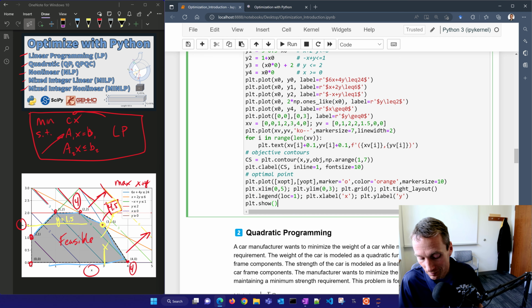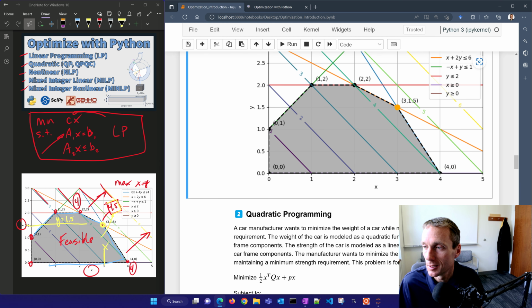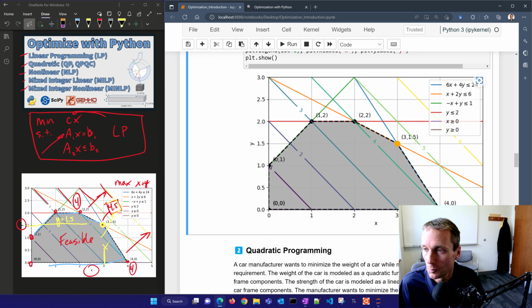I went through that very fast, but if we run it, then the thing that we'll see is it found this optimal solution right here, and you can see the rest of the plot that I showed you earlier. So let's go on to quadratic programming now.